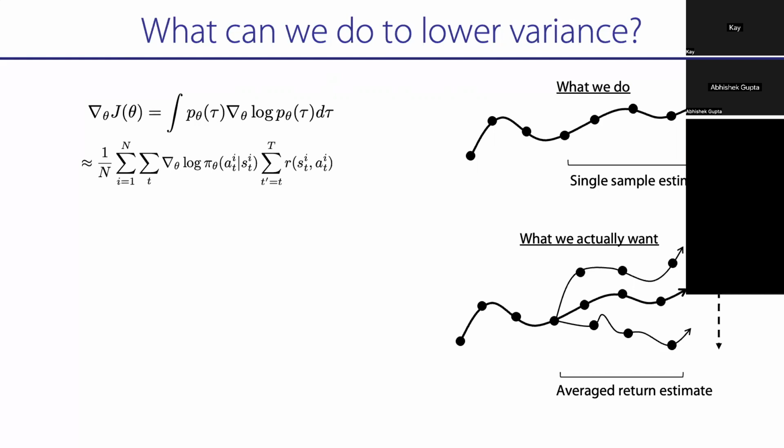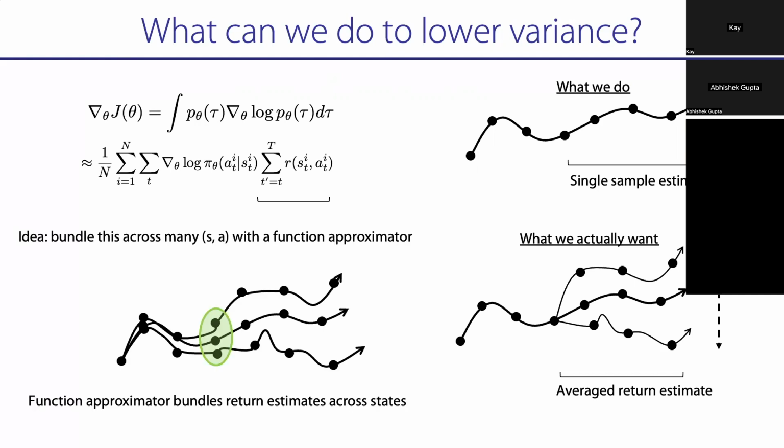And so what we're going to use is the magic of function approximation. We're going to say that maybe we'll never get back to the same state, but we'll get back to states that are close enough. And if we can bundle the estimates from states that are close enough, then you can get a lower variance estimate. So function approximation gives us a way to share information between these 3 points, which are roughly similar.